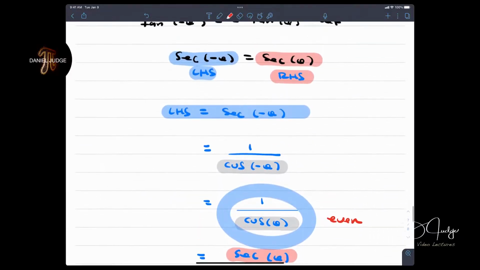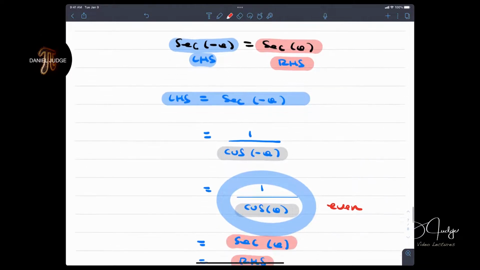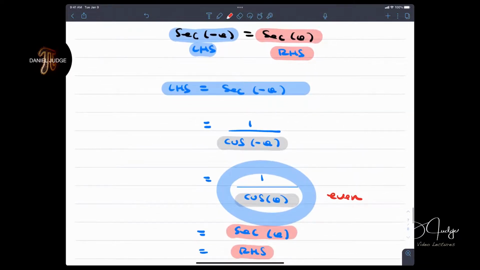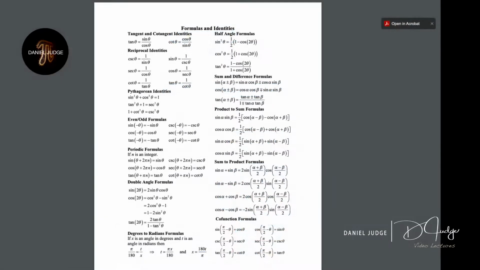So you showed that the left-hand side is equal to the right-hand side. And this is actually starting to prove working with identities. Some of those identities on that list, these even and odd, are also there. Similarly, if you've done one, you could do the others on that list. But this is kind of what I'm saying, you're starting to see how to work with these identities.